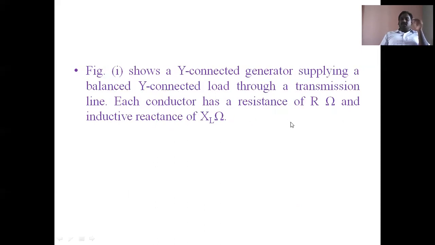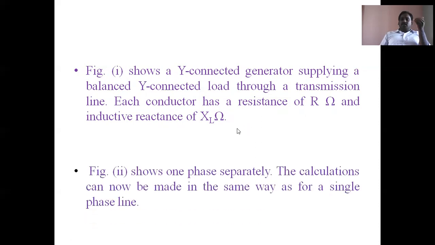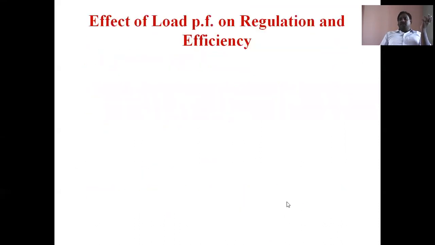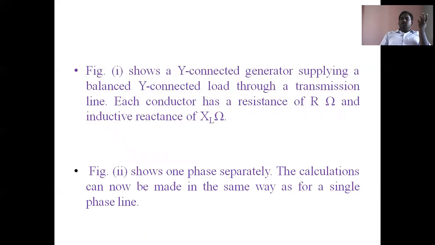Each conductor has a resistance of R ohm and inductive reactance of XL. Figure 2 shows one phase separately. The calculation can now be made in the same way as for a single phase line. This is about the performance of the star transmission line with respect to single phase as well as three phase. On the same per phase basis, we will analyze the three-phase star transmission line. Thank you.